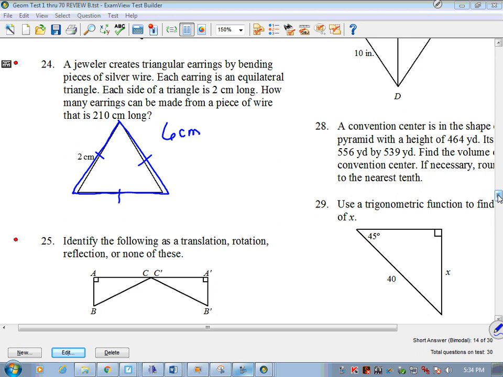To find how many earrings I can make out of 210 centimeters, I'm going to divide by 6. 210 divided by 6 comes out to 35 earrings.